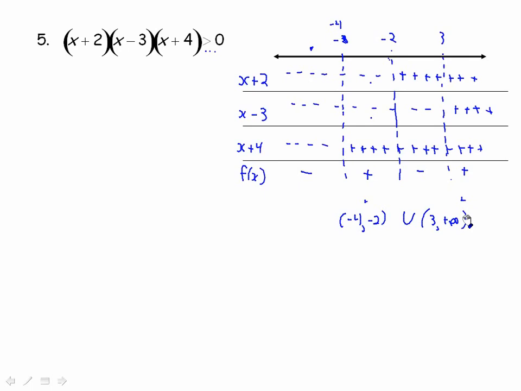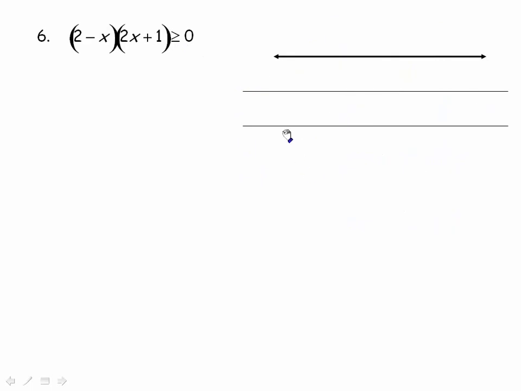The number 6 throws another curveball at us. It's still a quadratic, but the problem with this, 2 minus x, when you find the 0, and again, stop me at any time if you want to do it on your own, really recommend it, you get a 0 of 2.